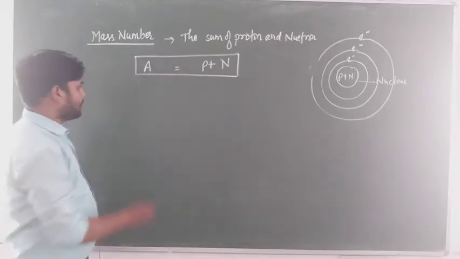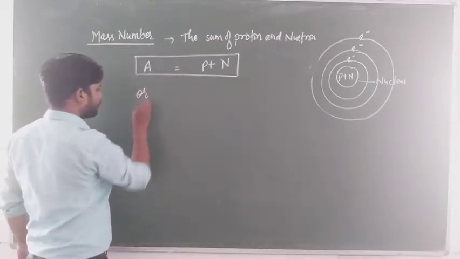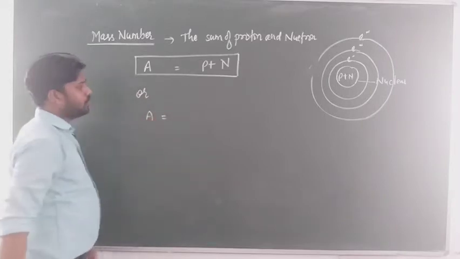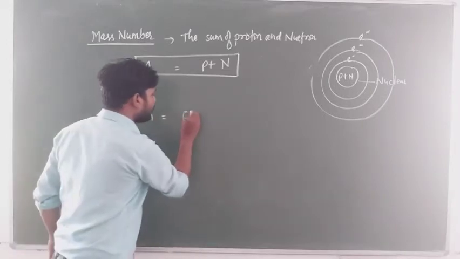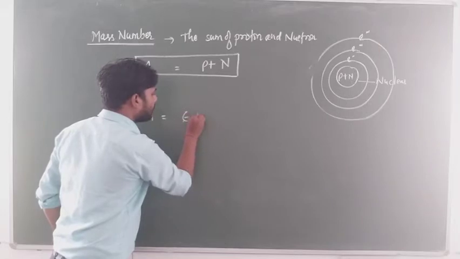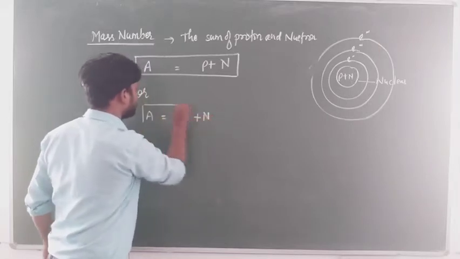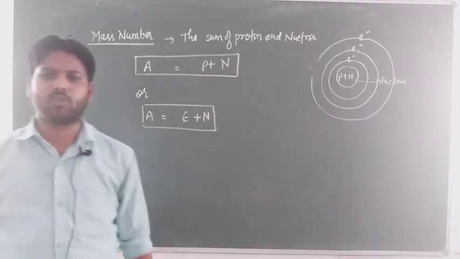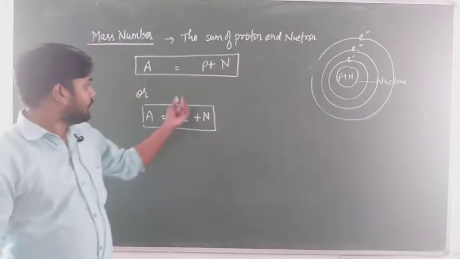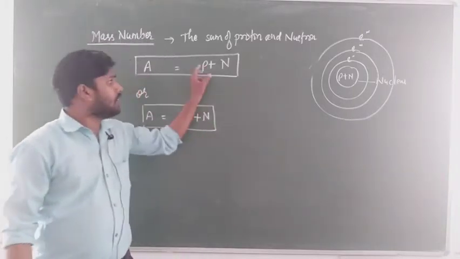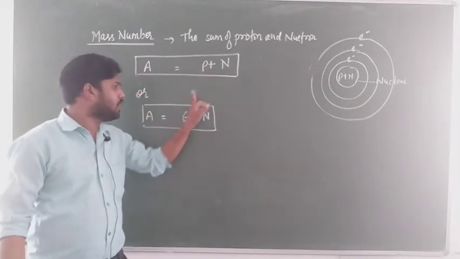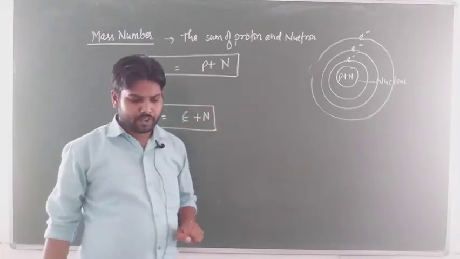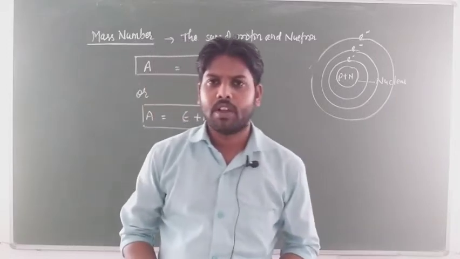We can also write A is equal to electron plus neutron. It is because in an atom, the total number of protons is equal to the total number of electrons. Clear, students?